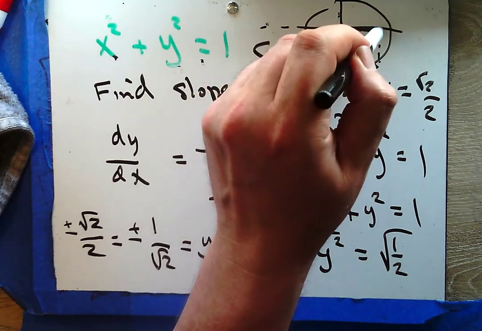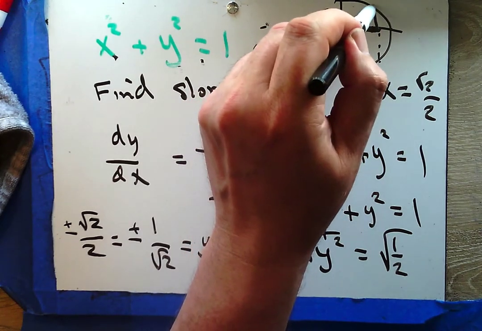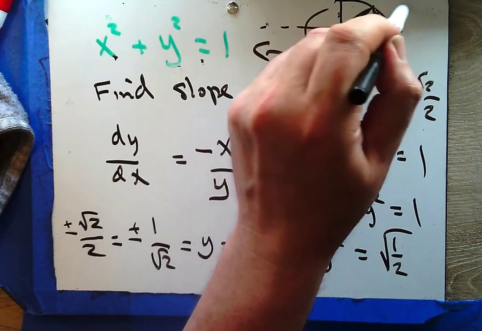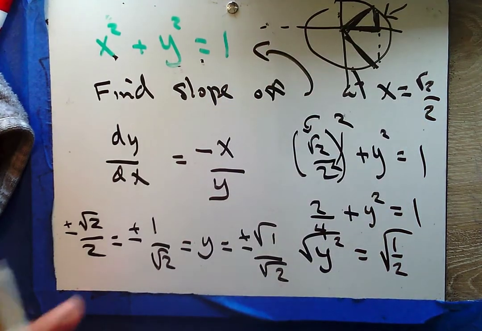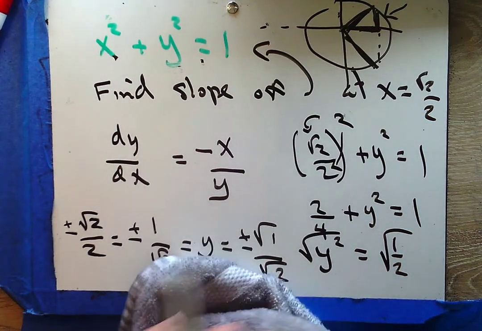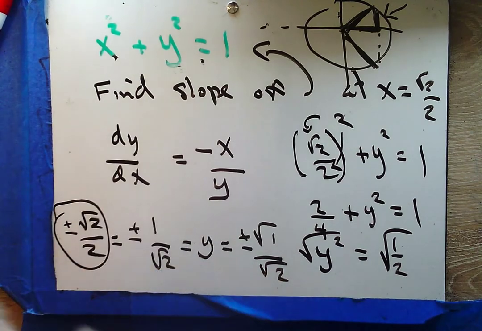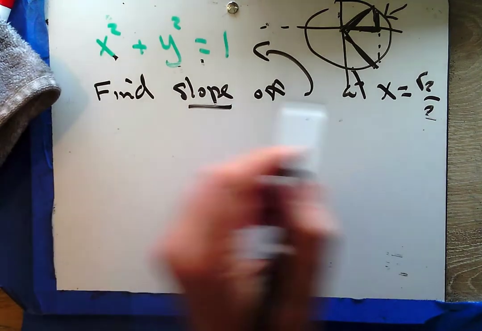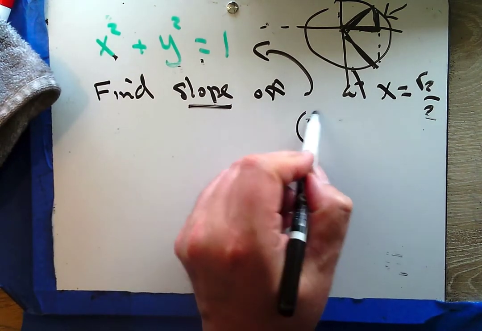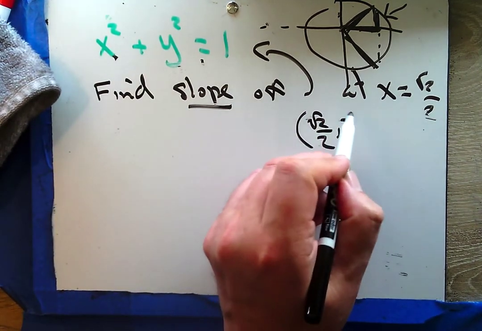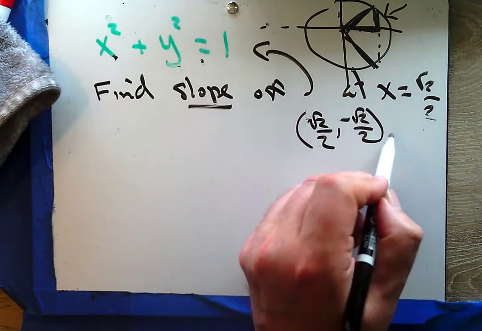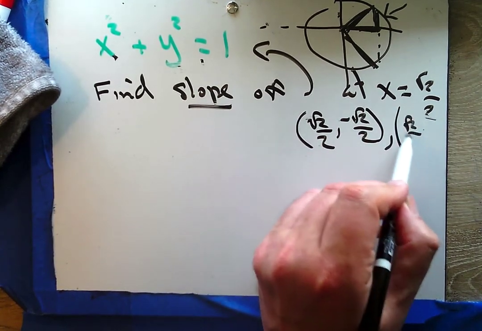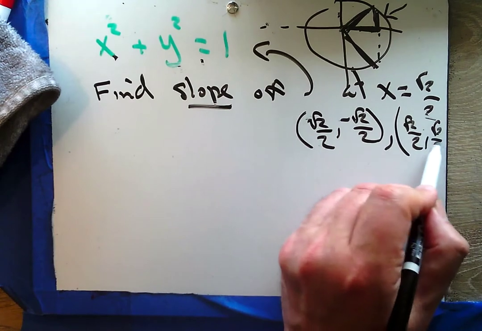But we also have this one where we have positive root 2 over 2 and positive root 2 over 2 there. But I do have the plus or minus, so don't forget that. Okay, so let's take a look. I want to find the slope at the ordered pair root 2 over 2, comma, negative root 2 over 2, and at root 2 over 2, comma, root 2 over 2.